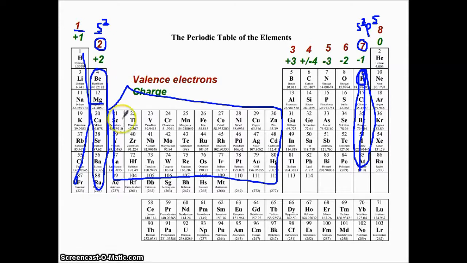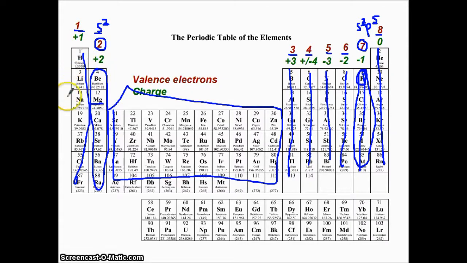We can't really predict them as far as groups go. But if we end up here on the 13th group, the boron family has 3 valence electrons, carbon family 4 valence electrons, nitrogen family 5, oxygen family 6, and then our noble gases with 8 valence electrons.